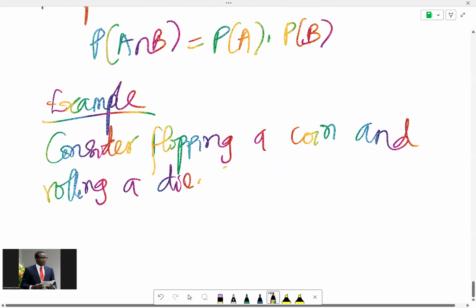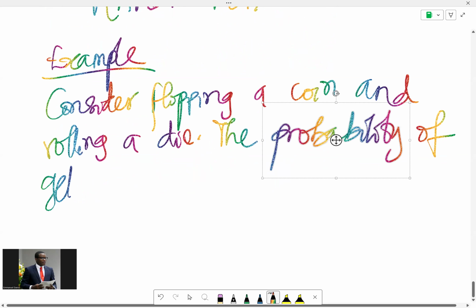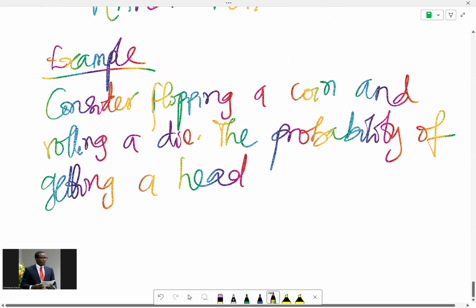So the probability of getting a head, you are flipping a coin and you're rolling a die at the same time.